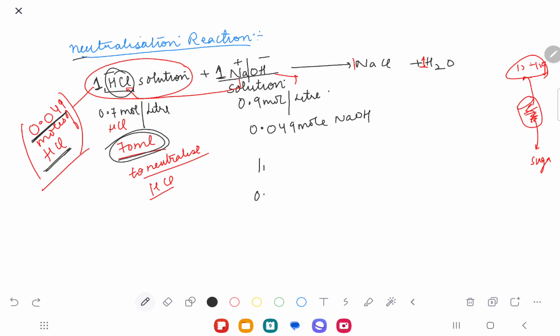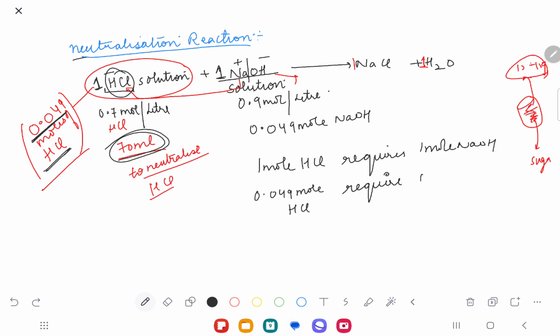So I know from the equation that 1 mole HCl requires 1 mole NaOH. So 0.049 moles of HCl would require what? It would require 0.049 moles of NaOH according to this equation ratio, isn't it? Are you understanding?